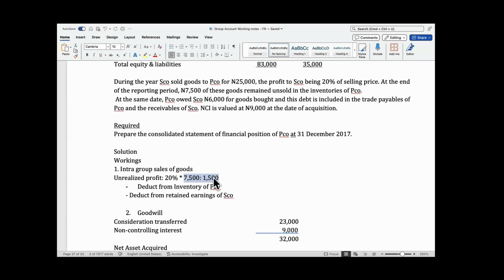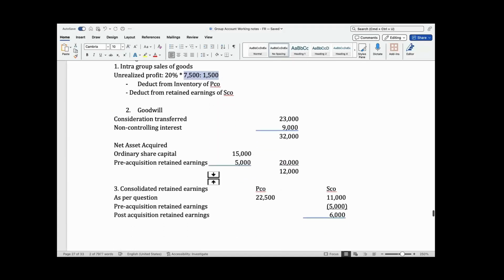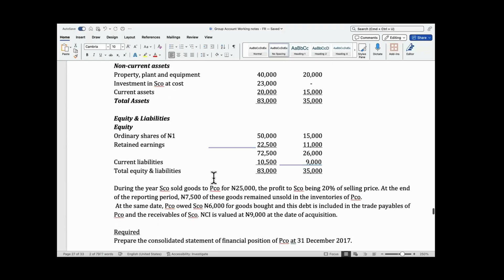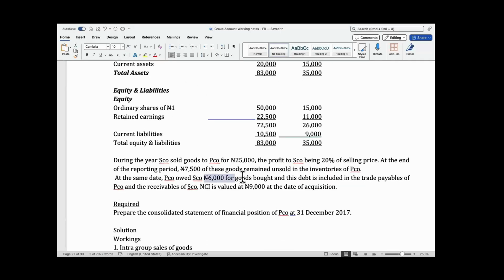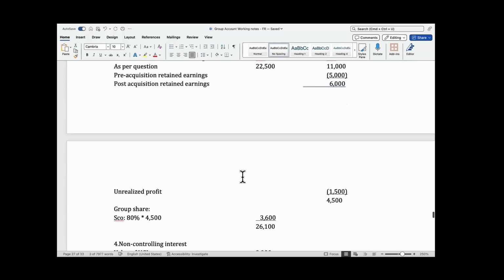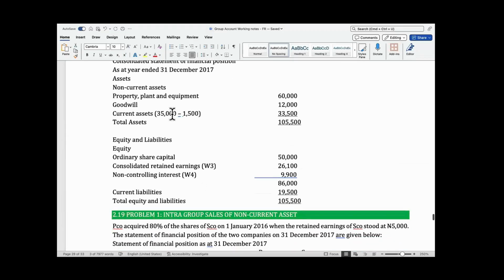Okay, sir. What about the remaining goods that is still remaining? That's 6,000. How do we treat this 6,000 that is remaining? You're supposed to cancel it out now. They were owing one another 6,000. You're supposed to cancel out, remove 6,000 from here. If you remove 6,000 from here, what will remain?